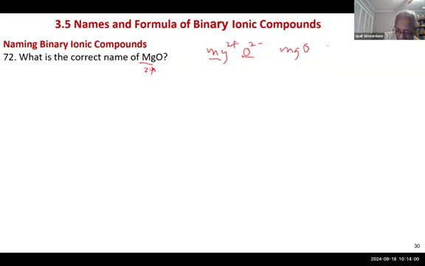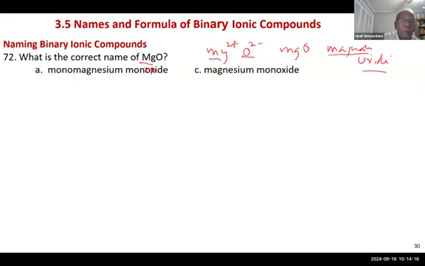It's called magnesium oxide. You don't use prefixes or anything naming an ionic compound. Therefore, answer is magnesium oxide. These are not correct.